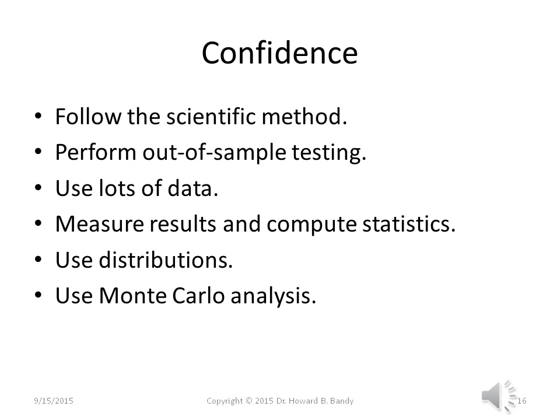Confidence, measurable confidence, comes from following the scientific method, performing out-of-sample testing, using lots of data, measuring results and computing statistics, using the entire distribution of results rather than a single metric such as mean, and using Monte Carlo analysis to analyze what the probabilities are of values other than the mean.